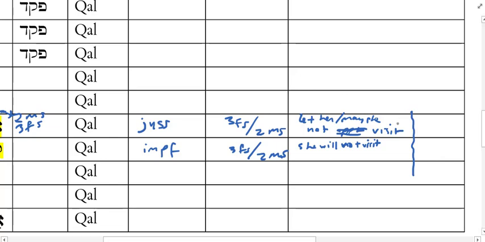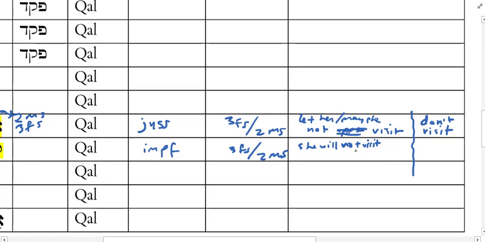And so how am I going to do that? Well, if it's al plus the jussive second person, then I'm going to say something like, hey, don't visit, Bertha. Bertha, don't visit. Stay home. You could cause enough trouble as it is. Okay? So do not visit or don't visit. You told me you were going to come? Don't. Okay?